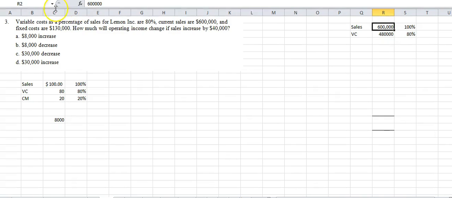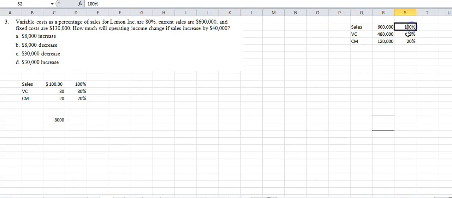That means that my contribution margin was, how much? Well, my contribution margin is this minus this, which is 120, and I could tell you right now that's going to be 20% of 600,000. I'm going to get 20% here because that's just the way it's always going to work out.